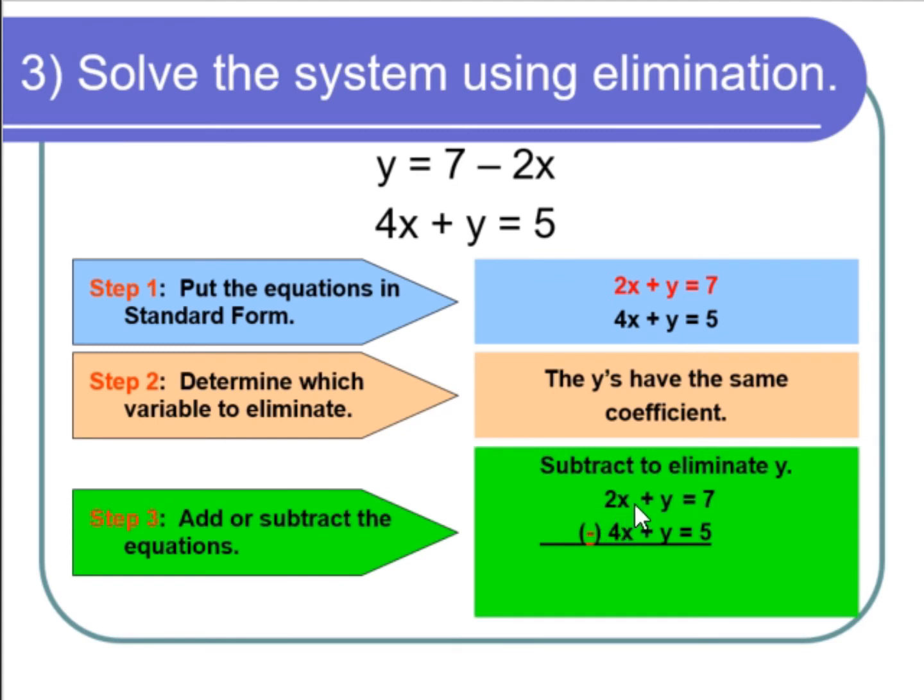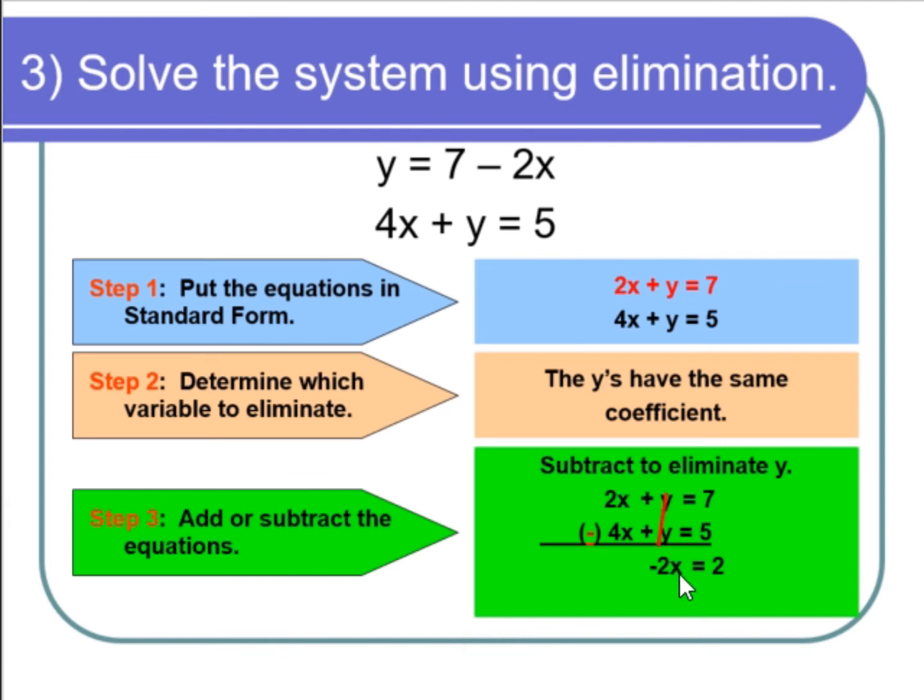So, we have now 2x plus y is equal to 7 minus the second equation, 4x plus y is equal to 5. We eliminate y by subtraction. What's now left is 2x minus 4x is equal to negative 2x, and 7 minus 5 is equal to 2.